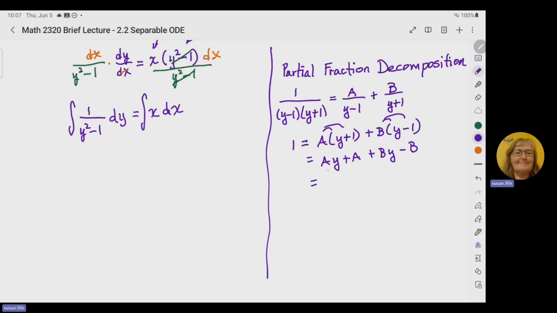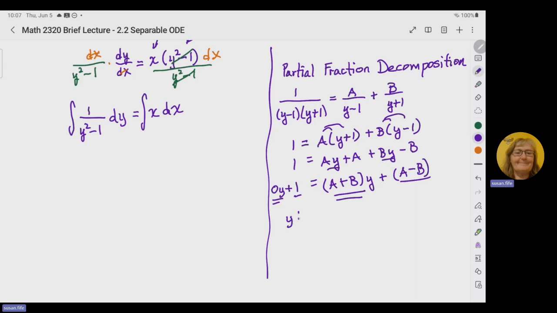And then I'll combine my like terms. My y terms are like terms. I'm going to factor out the y. And then my constant terms are like terms. So here, I want to write the left side of the equation as 0y plus 1, so that I have my y terms and I have my constant terms.